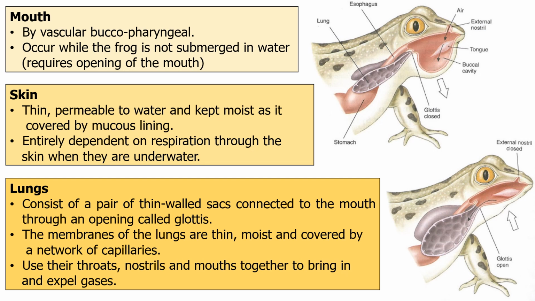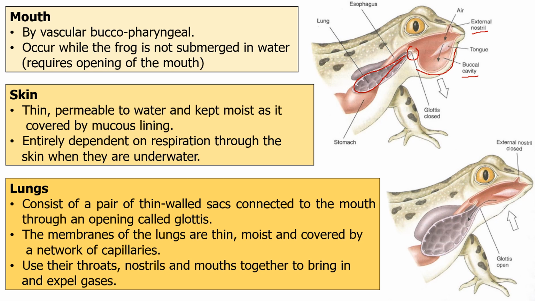Next, gases exchange for frog can be done via mouth, skin and lungs. Before that, we have to know this one is the frog's nostril, frog's buccal cavity, and then the structure here called buccopharyngeal floor, the opening and closing glottis, and also a structure representing lungs.